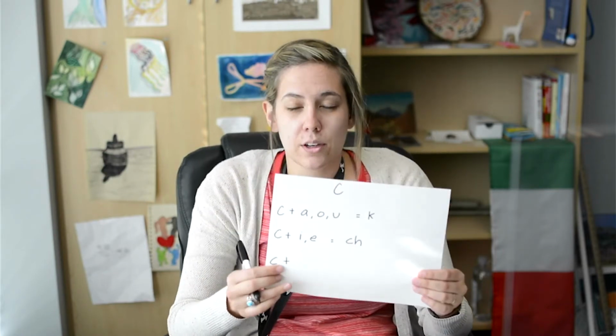Now, sometimes, what if we want the C to make a K sound with an I or an E? In order to do that, we have to add an H. So C plus H plus I or E makes a K sound. An example of this is the word for keys.